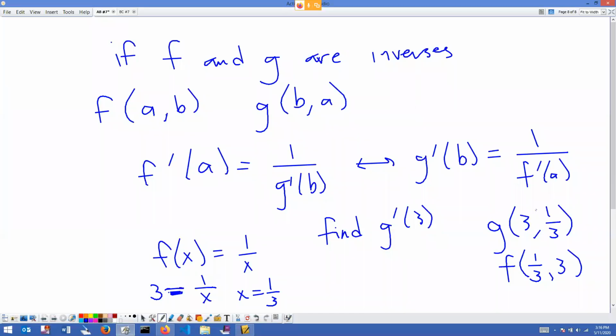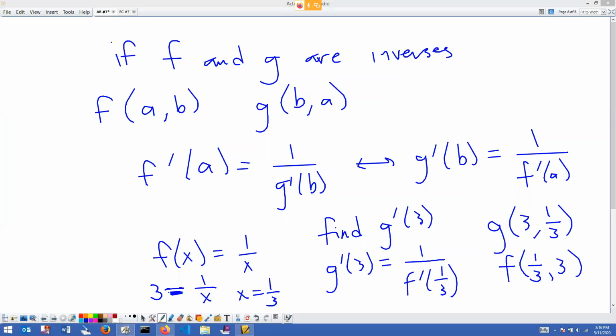We can plug that straight into our formula, which tells us that g prime of 3 should be equal to 1 over f prime of 1/3. The derivative of 1 over x is negative 1 over x squared.